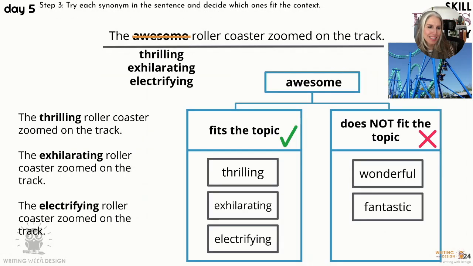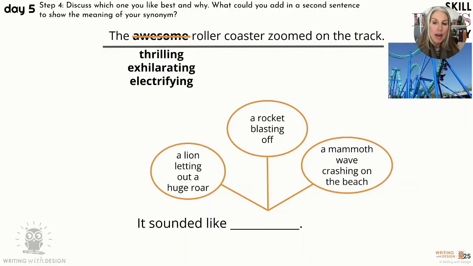Then you've got the 3 sentences to practice with over on the left. Again, get students practicing these words, getting comfortable with saying the sentence with these new rich synonyms in them. And then you've got, in this case, it sounded like. So days 4 and 5 are tasted and sounded rather than what it looked like. So we've got a little bit of variety in our follow-up sentences.